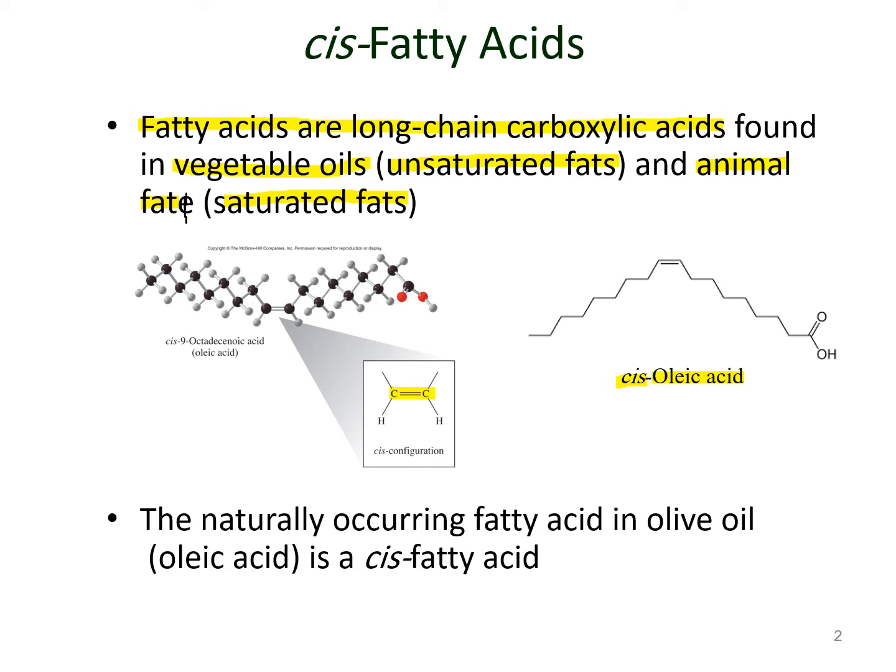It's only got one double bond, and both the hydrogens are on the same side, therefore this is the cis variety. And do remember that this oleic acid, the cis form, is found in olive oil that we usually use for cooking, and is usually found in every house.